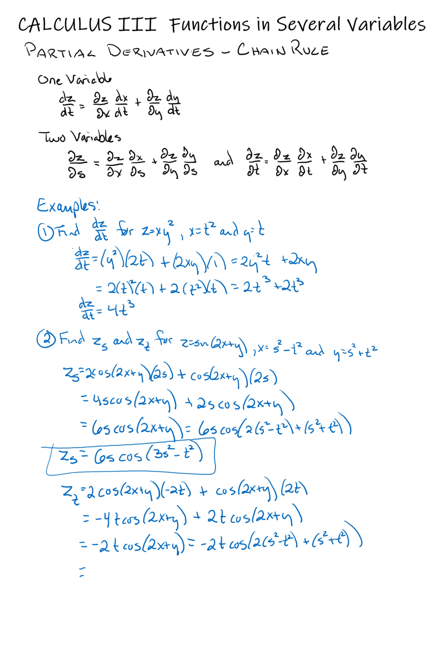All right, there inside the argument of the cosine, we can distribute the two, combine like terms, just as we had done before. We end up with negative 2t cosine of 3s squared minus t squared. And there we go, the partial of z with respect to t.